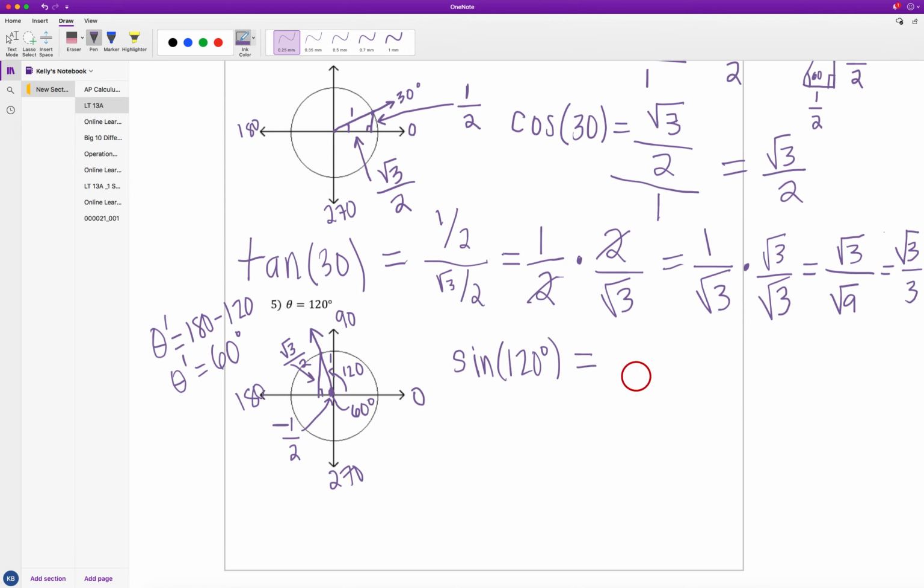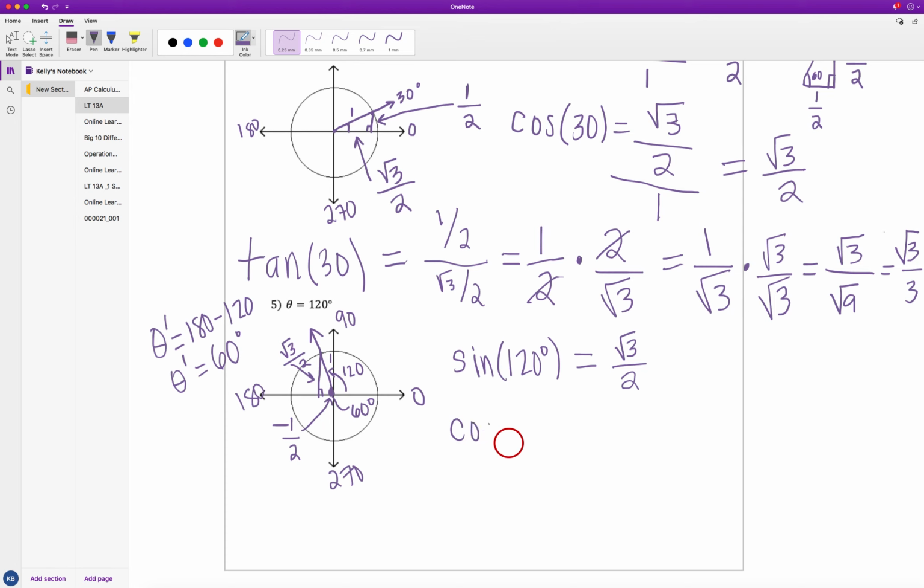Sine is opposite over hypotenuse. Looking at my reference angle, opposite the 60 degrees is root 3 over 2. So sine of 120 degrees is equal to root 3 over 2, technically over 1, but that's not going to change it. So sine of 120 is equal to root 3 over 2.